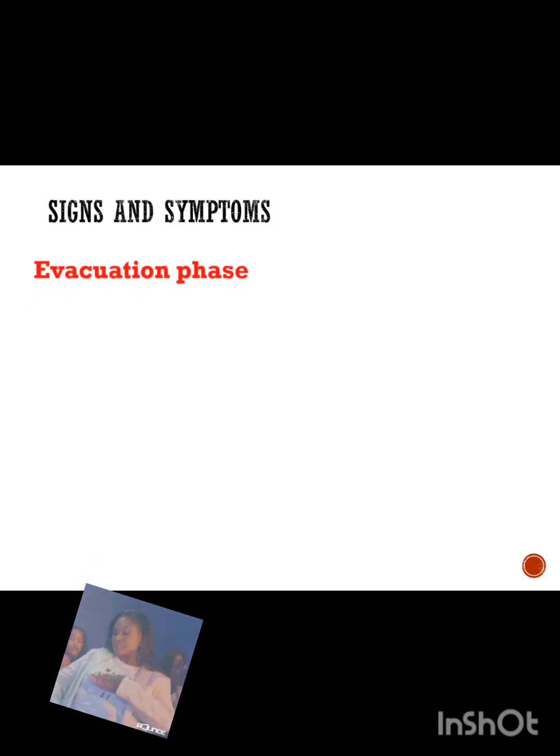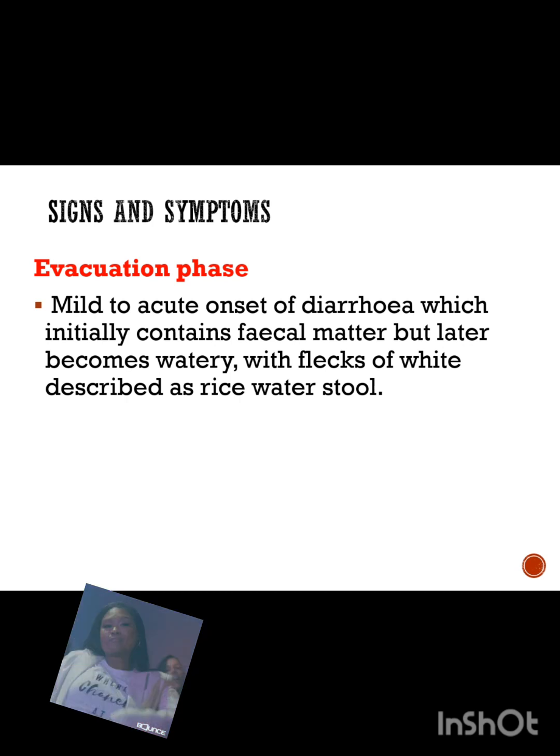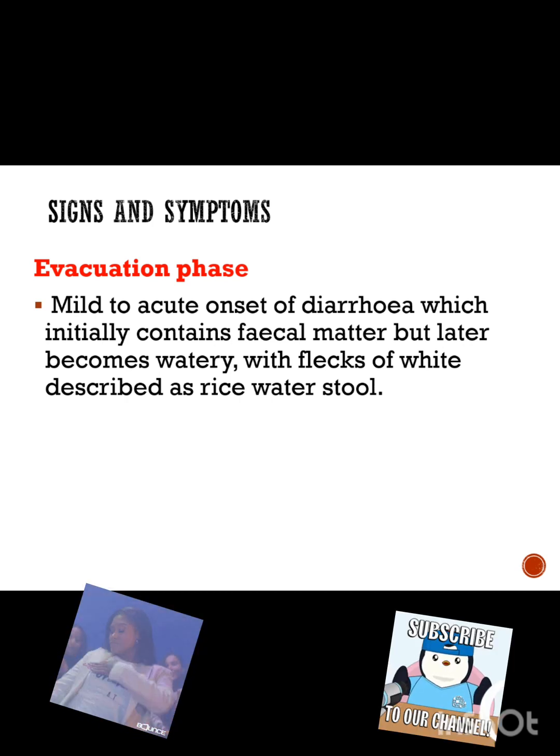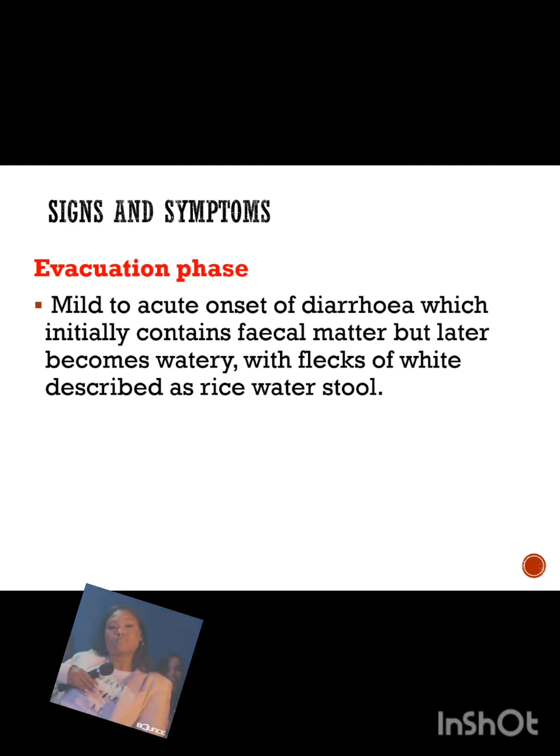Then the signs and symptoms: we have mild to acute onset of diarrhea in the evacuation phase. This is the first phase. Once the signs and symptoms start to show, you have mild to acute onset of diarrhea, which initially contains fecal matter, but then after some time, because of increased watery secretion, osmotic diarrhea, the diarrhea becomes flaky.